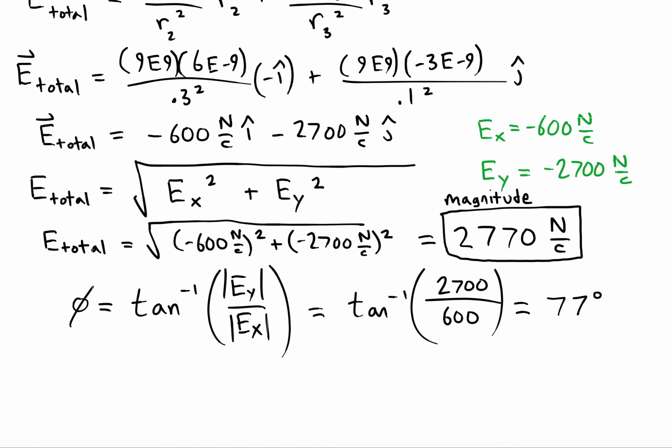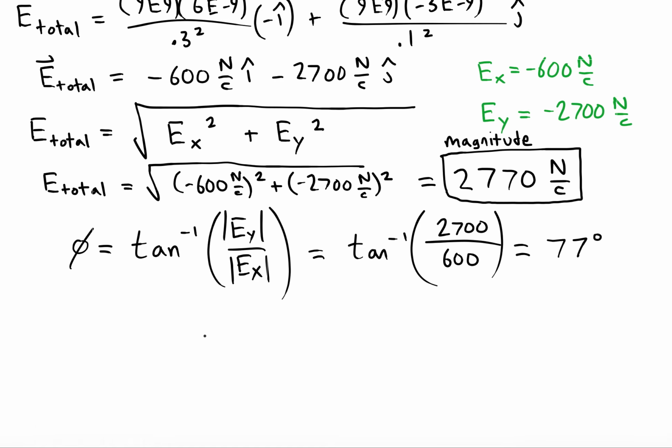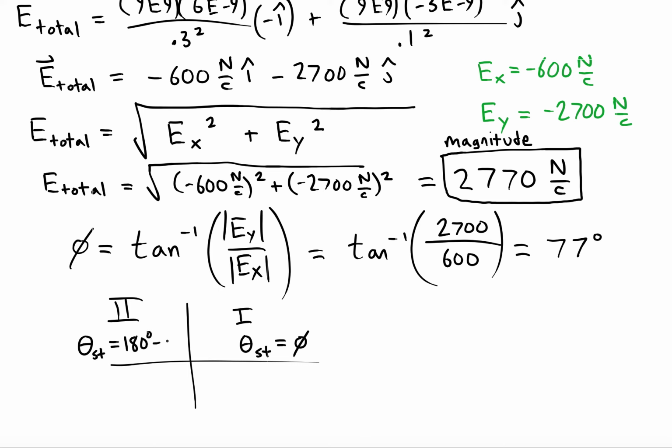And that is not the standard position angle yet, because when we're in quadrant 1, the standard position angle is the reference angle. If we're in quadrant 2, then the standard position angle will be 180 minus the reference angle.